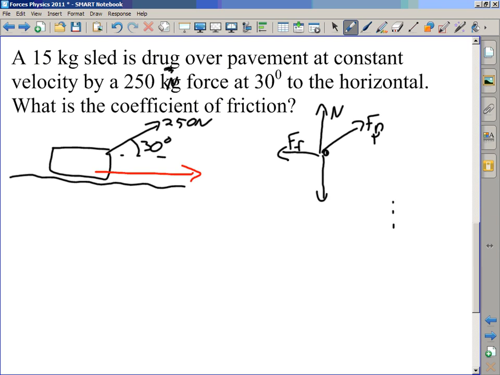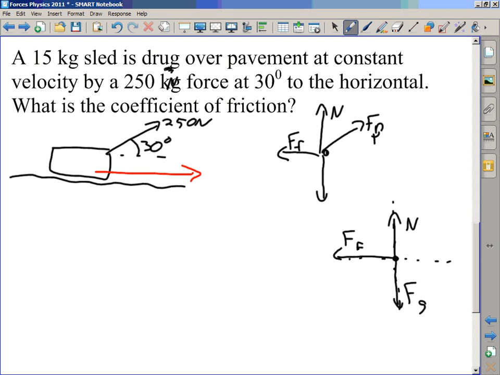Right. Give myself an XY axis here. What three forces are already on the axis? Gravity, normal, friction. Right. So I don't have to do anything with these guys. Normal, gravity, friction.